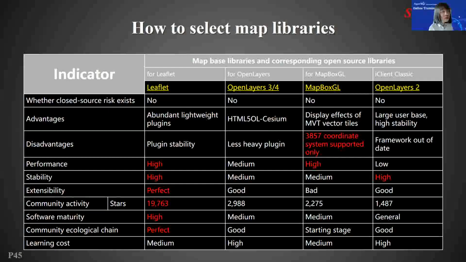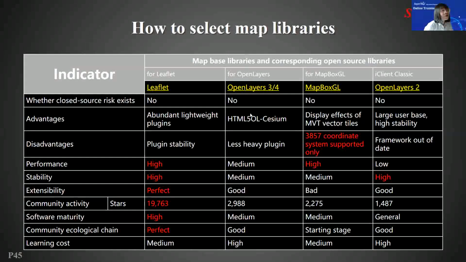Mapbox GL has very good display visualization effects for vector tiles and a lot of beautiful visualization styles. iClient Classic has a larger user base and higher stability than others. So if you want to create a web project, you can select any of them considering these indicators.